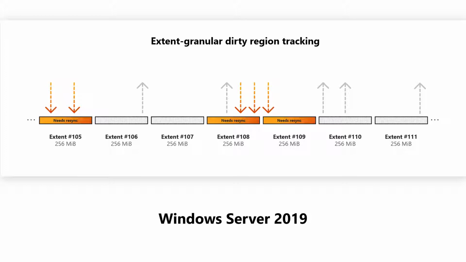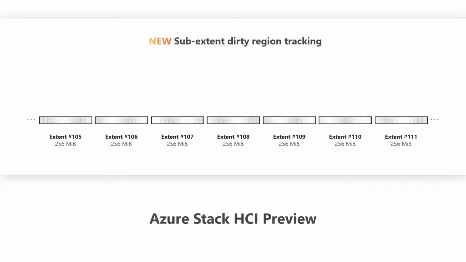And in Windows Server 2019 Storage Spaces Direct, if you write one block to this extent, the whole extent has to be copied over from another system. And that can be quite a lot of data. So Microsoft is now, in Azure Stack HCI, doing sub-extent dirty region tracking.